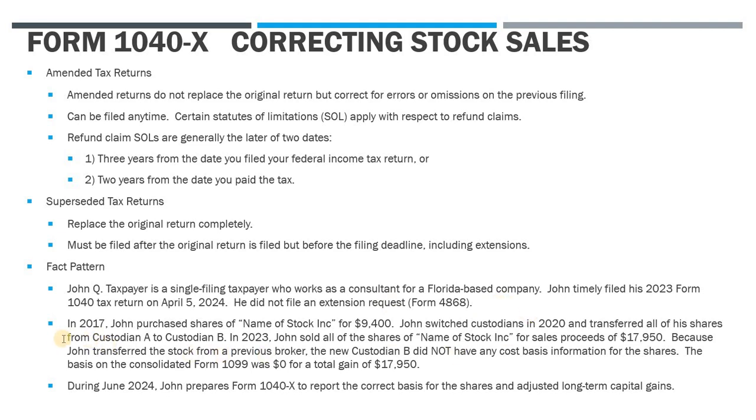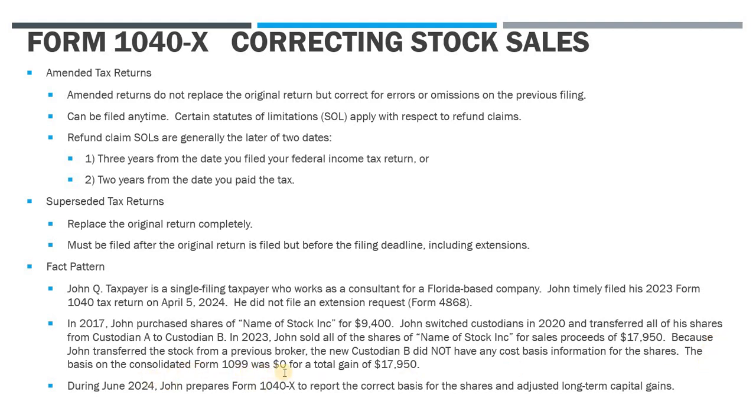Now in 2017, so many years back, he purchased shares of Name of Stock Inc. for $9,400. Then John switched custodians in 2020 and transferred all of that stock from custodian A to custodian B. In 2023, the current tax year, John sold all of his shares for sales proceeds of $17,950.